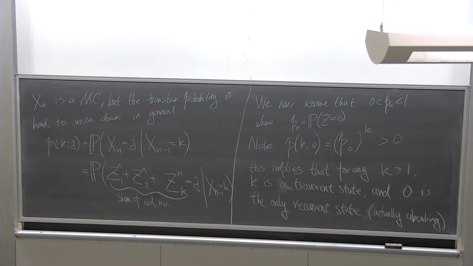Our Markov chain is the sequence of X_n. So for example, in the first case, we are at state 1. In the next time step, we go to 3. And in the next step, we go to 5. So these diagrams here just help us to analyze this Markov chain.